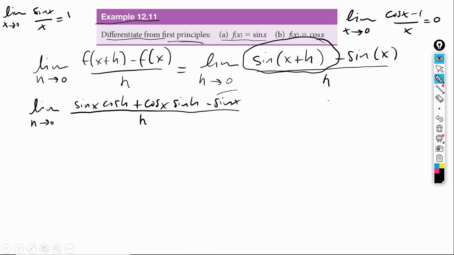Let's move this over here, and that would leave us with an expression that looks like this.